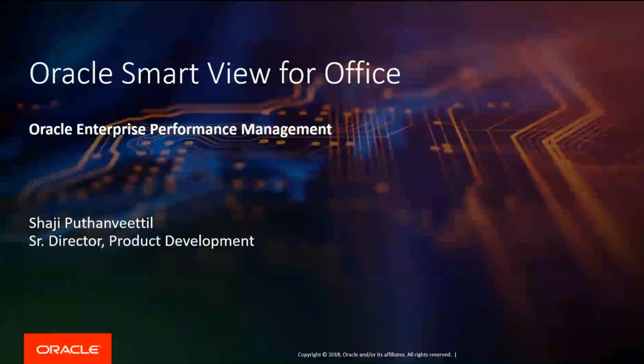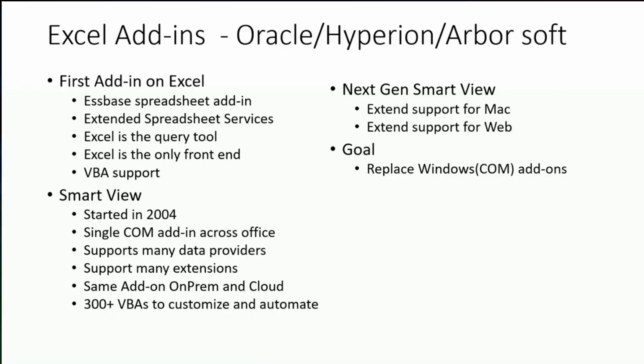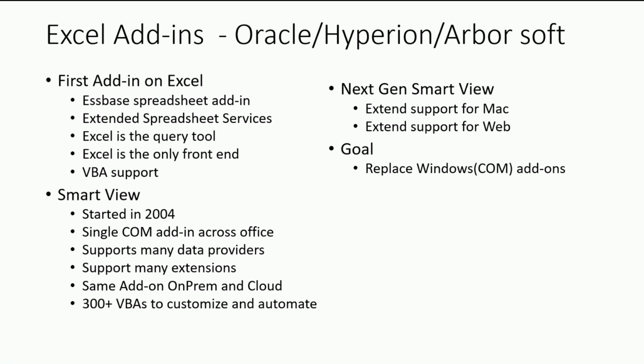The data sources I'm talking about here are multidimensional data, and our multidimensional engine is called Essbase. We have enterprise performance management, which comprises planning and budgeting applications, consolidation, tax reporting, profitability and cost management, etc. So it can bring in data from all these different sources.